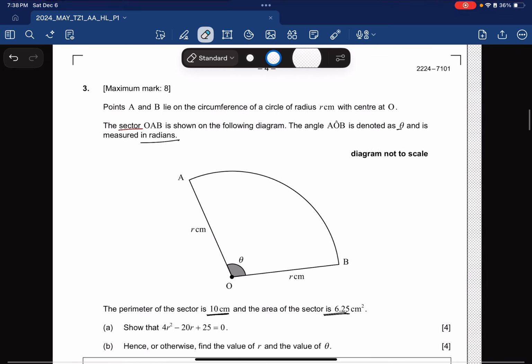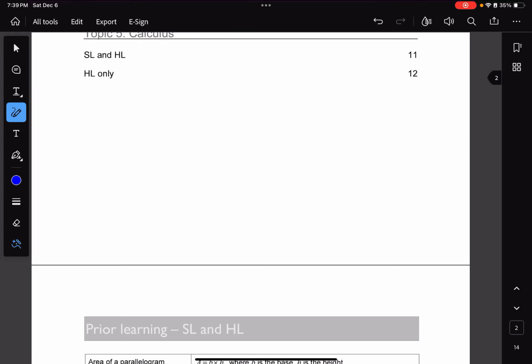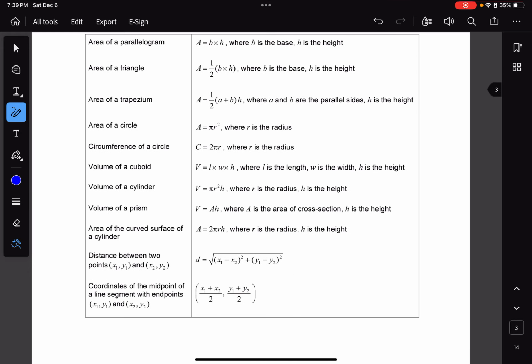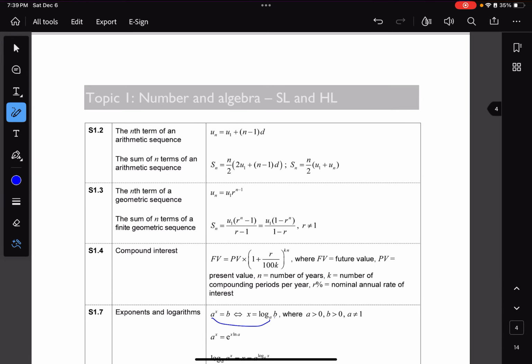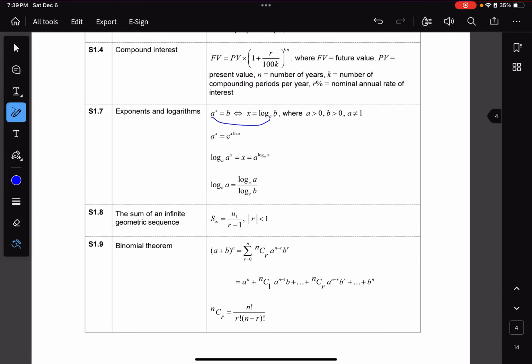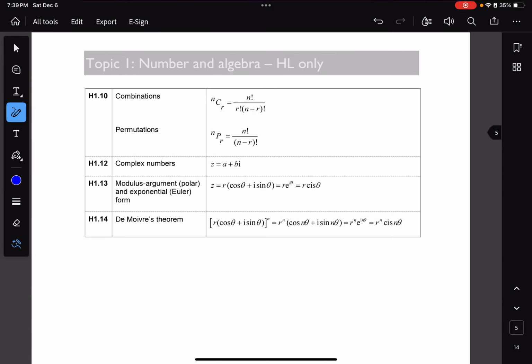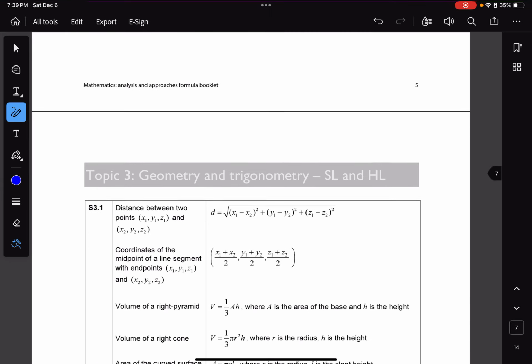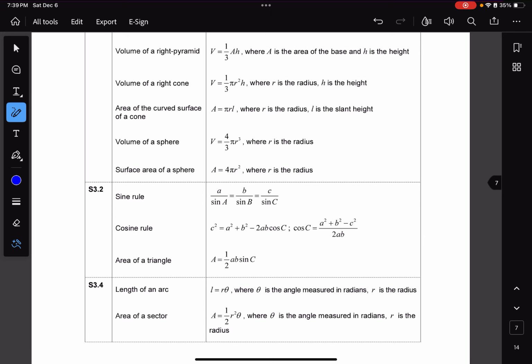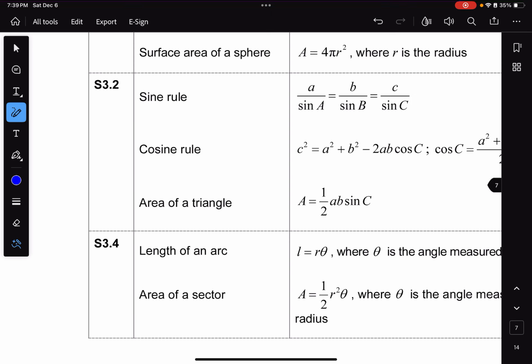I don't know exactly where it is, so I'm just going to start down here, prior learning, and keep going down, nothing on this side, keep on going, and I will come across something. I know it exists somewhere here. There you go, right? This is standard level.